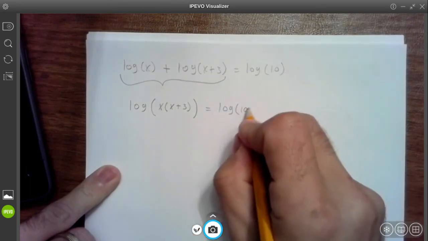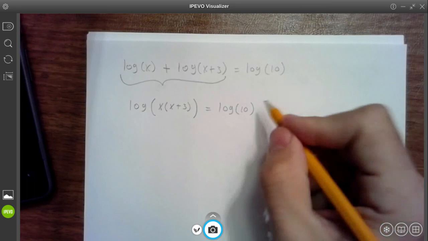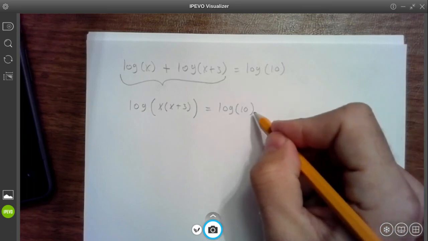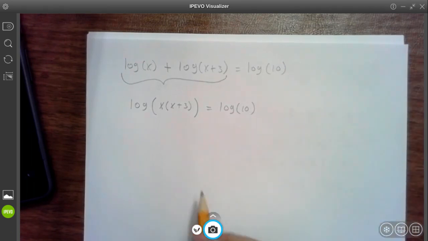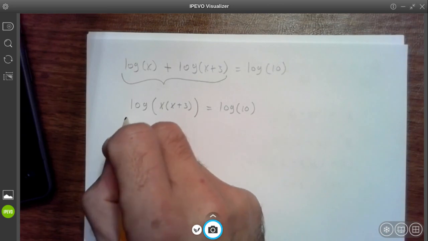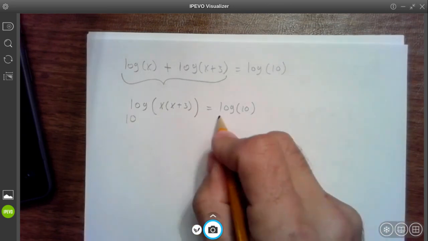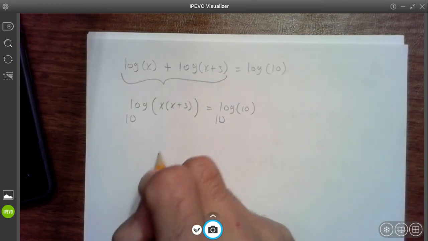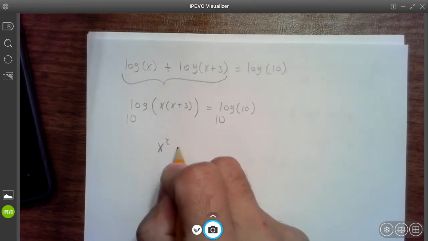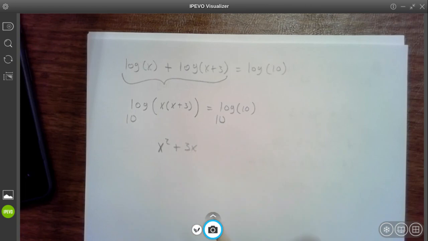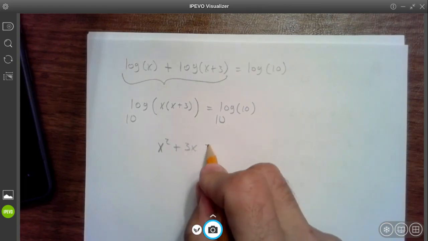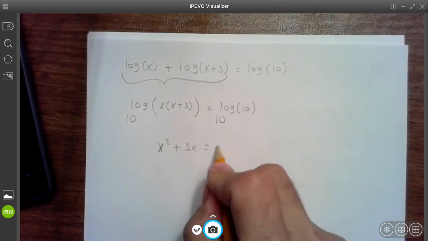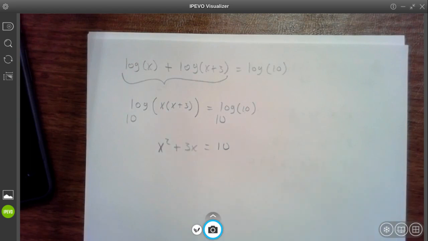It's log 10. Well, heck, log 10 is just equal to 1. Anyway, I'll treat it like I've done all the other ones. I'm going to exponentiate both sides, do 10 to the power of, and so this is going to give me x squared plus 3x equals 10. Okay, and then we'll move that 10 over.